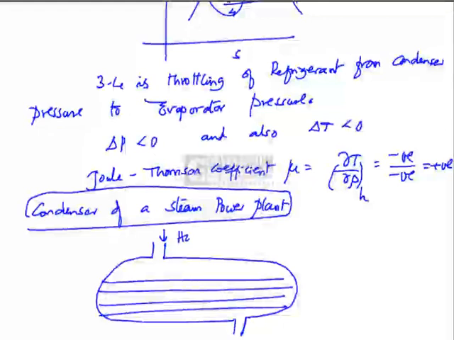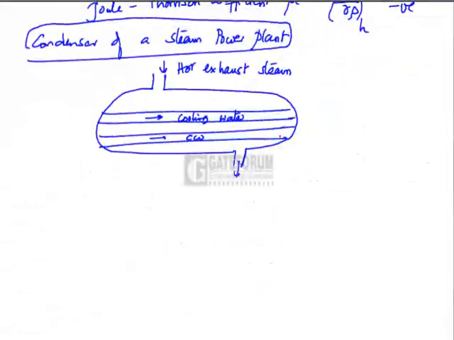The hot exhaust steam leaving the turbine will enter the condenser, which rejects heat to the cooling water circulated through the bank of tubes, which are shown in the shell. The condensate liquid leaves at the bottom.